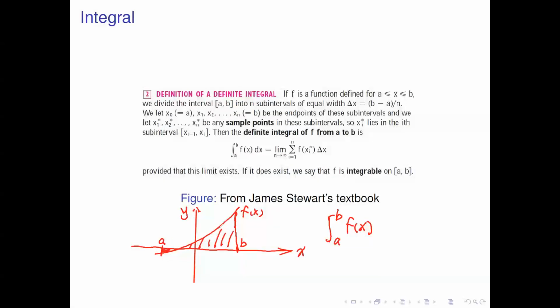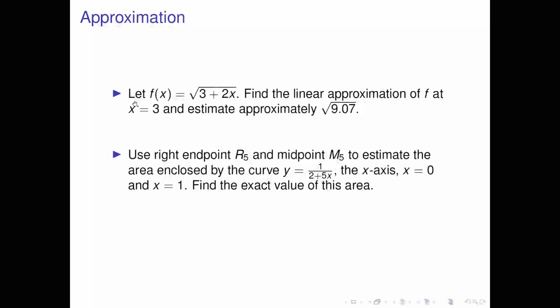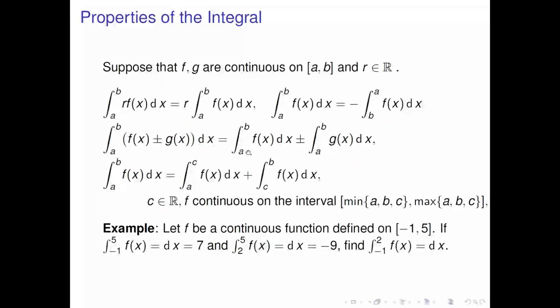This is this area minus this area. And for this definition of the integral, you can find the definition in the textbook. We give 2 examples. The answer, okay, properties of integral.